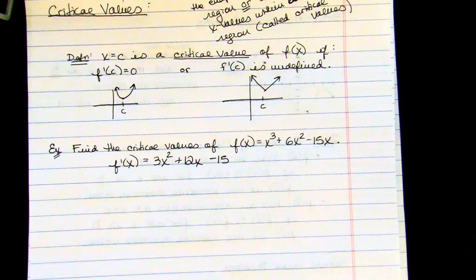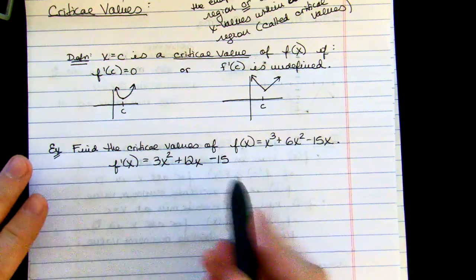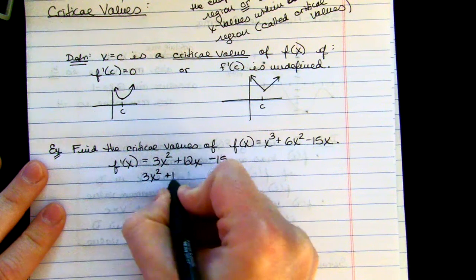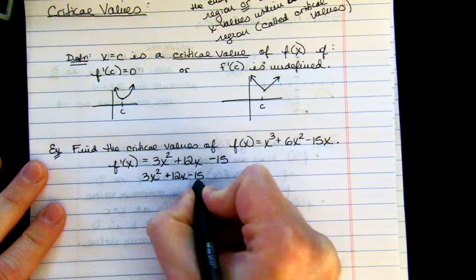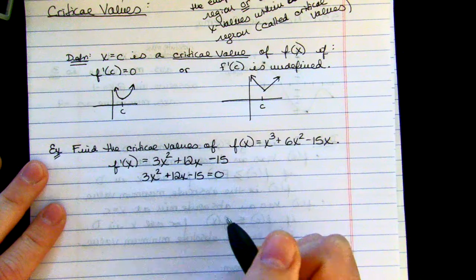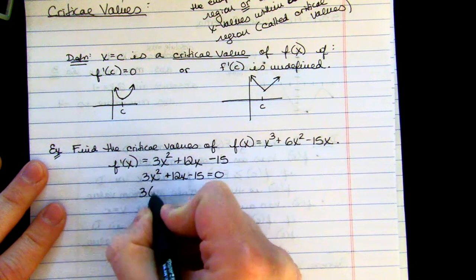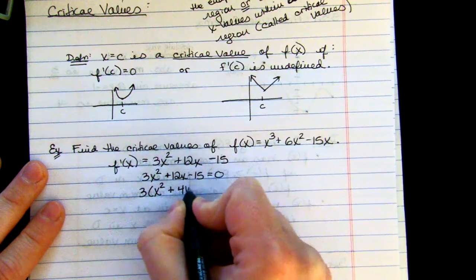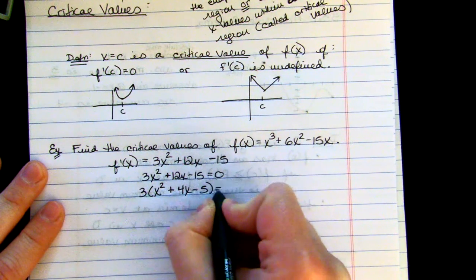Well, my derivative, it's a polynomial. Won't ever be undefined, but it will equal 0 in some place. So I'm going to say 3x squared plus 12x minus 15 equals 0. I think I can factor out a 3 here. 3 times x squared plus 4x minus 5 equals 0.